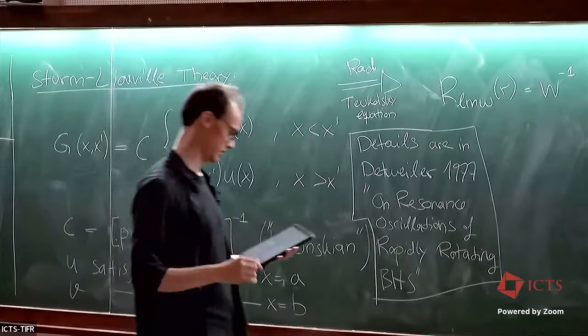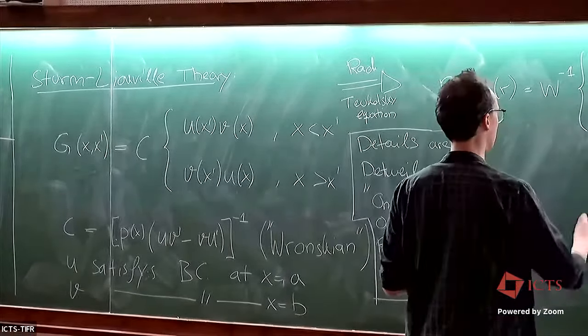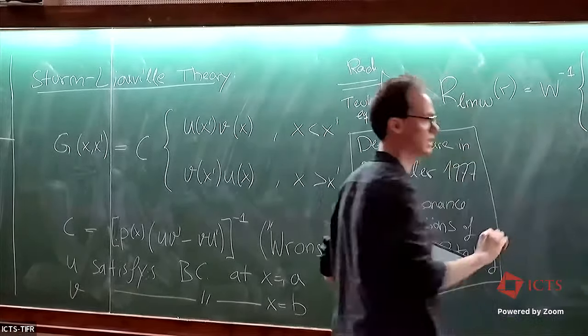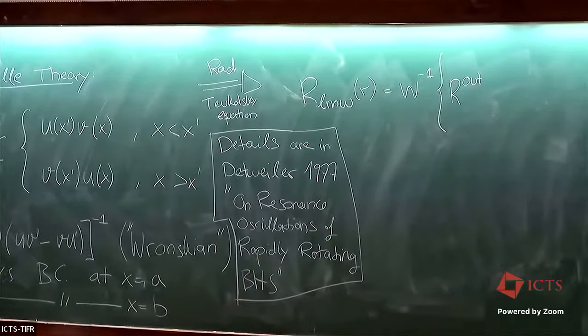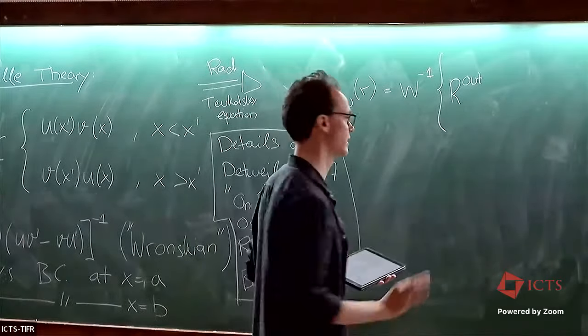I'm going to write it out in a second. And then we have R out, which is basically a homogeneous solution to the radial Teukolsky equation satisfying the boundary condition at one of the ends. And, you know what? Let me just write it out first and then explain it. I think that's better.